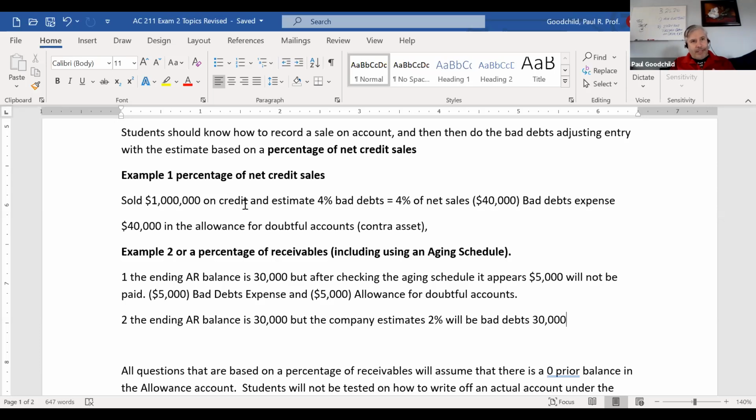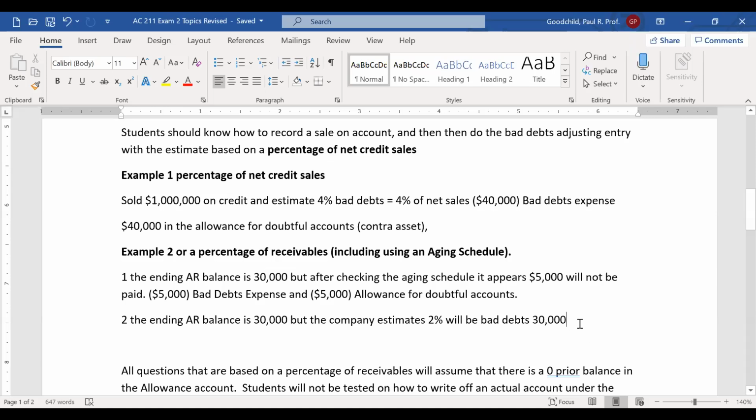So it's not the same, because in this example, you probably sold $1 million. But that's, say, at the beginning of the period, and example 2 would be what you're left with at the end of the period. Okay. All right.